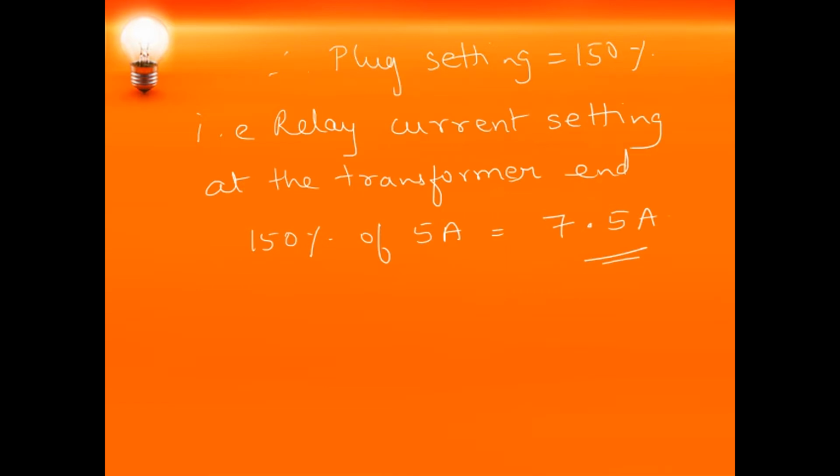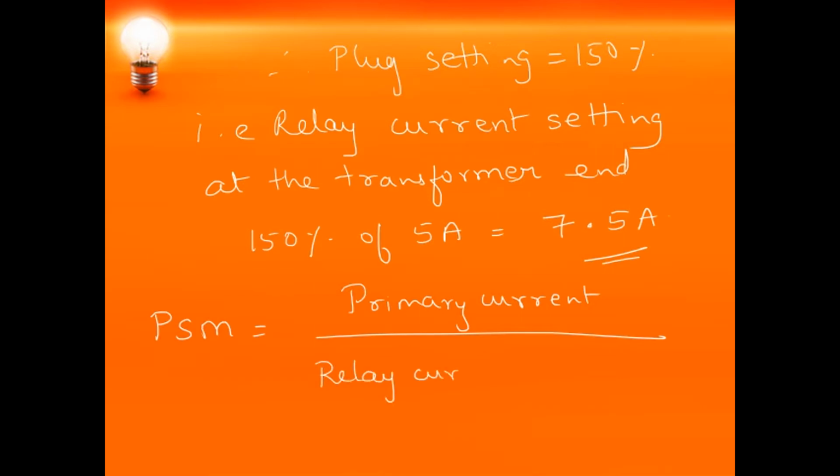So your PSM is the primary current, that is the fault current, divided by the relay current setting into the CT ratio.